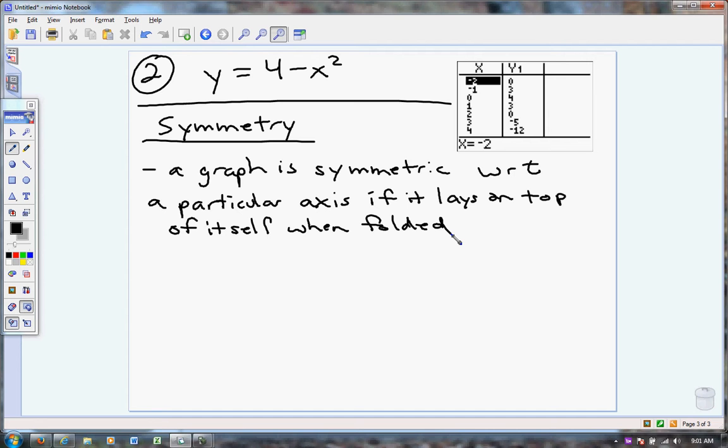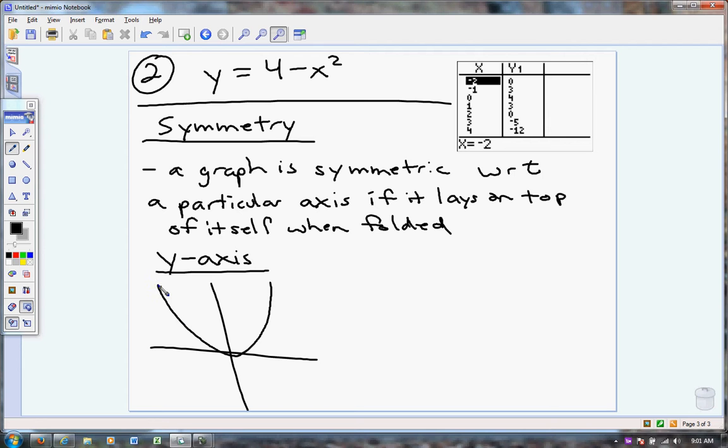But let's say I wanted to talk about symmetry about the y-axis. I'm just going to show you a real quick example here. One of the most famous ones that we will talk about and break down forever this year is the quadratic.